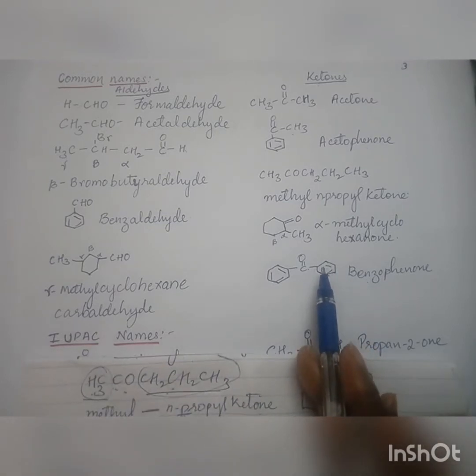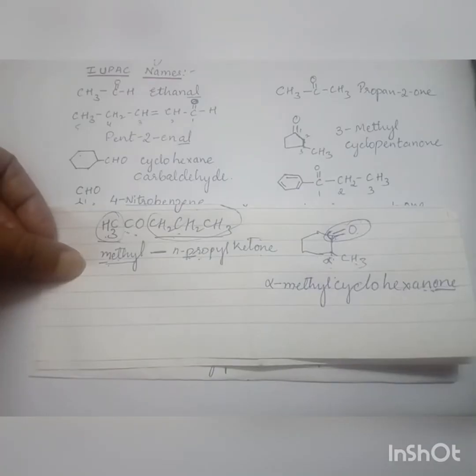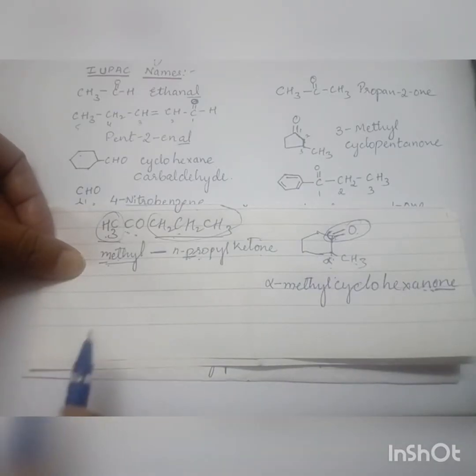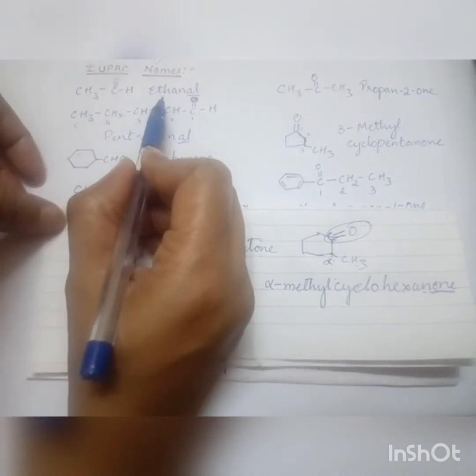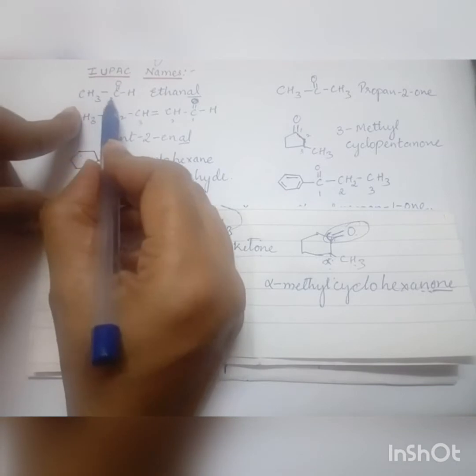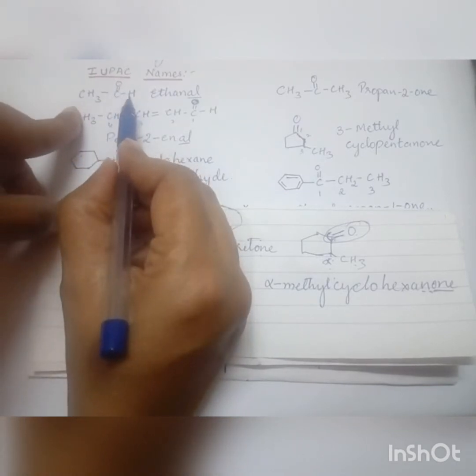Now, after knowing the common system of nomenclature, let us take examples of the IUPAC system of nomenclature. Coming to the IUPAC system, let's take the first example in the aldehydes. Here you can see it is CH3CHO.